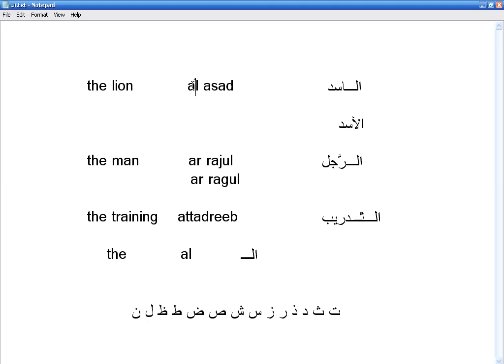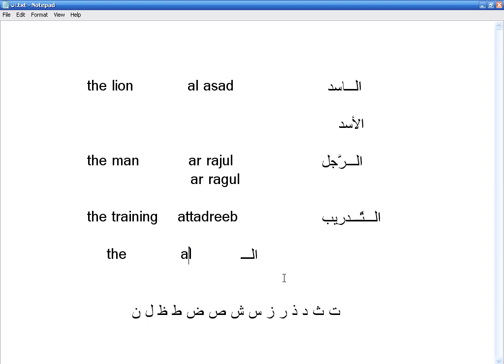So right here, what we can see is that the change that's going to happen is in the article that we're talking about right now. So instead of saying al, which is pronounced like that, there's a change in the pronunciation.